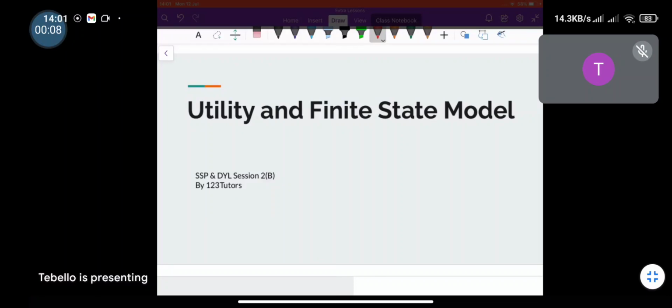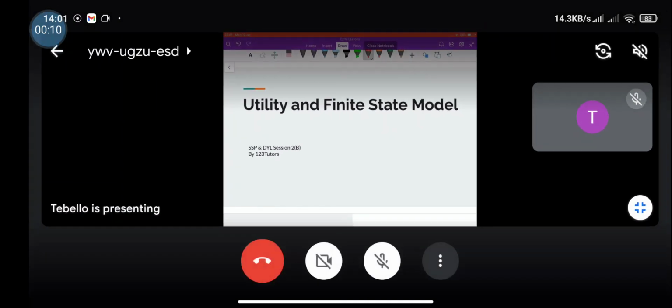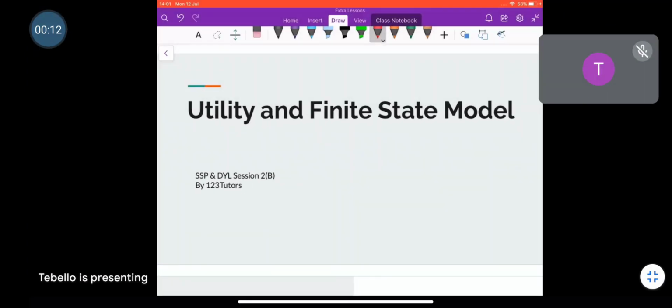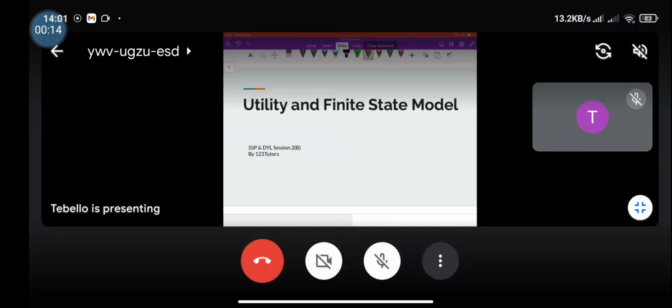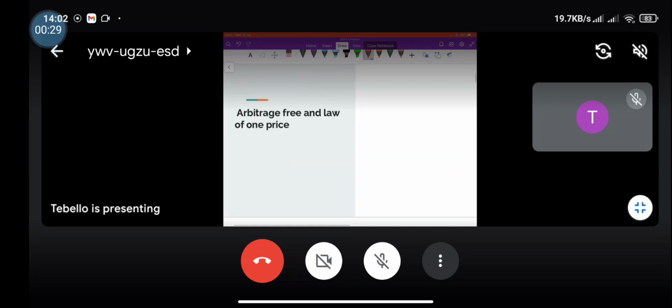So now we are going to focus on portfolio choices. Again, we are still on utilities, right? So anyway, arbitrage.